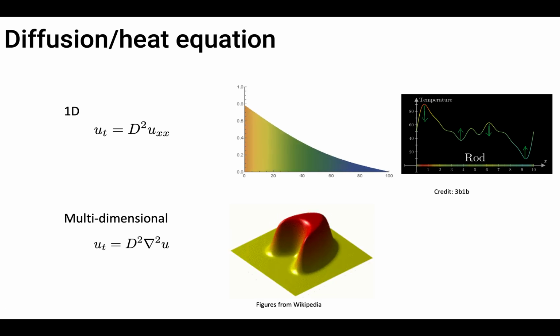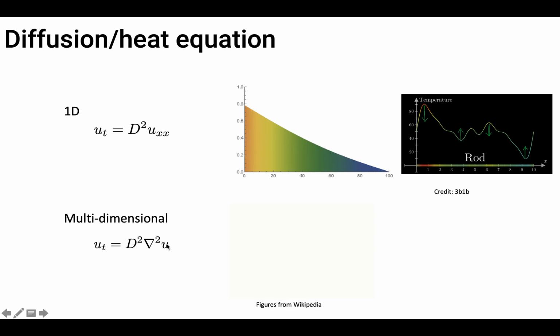So here we also present the multidimensional form of the heat equation, where u_t is equal to d squared times the gradient squared of u, or Laplacian u.